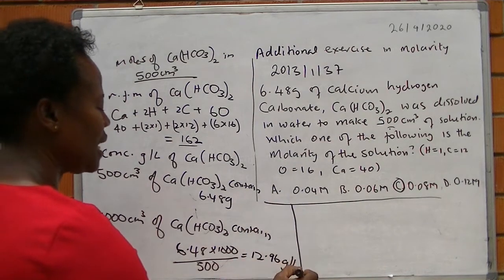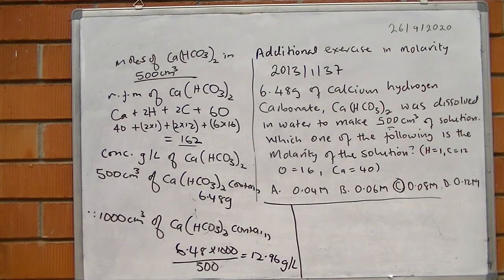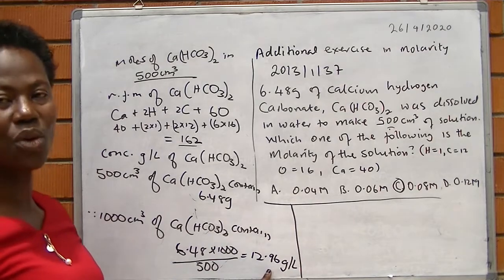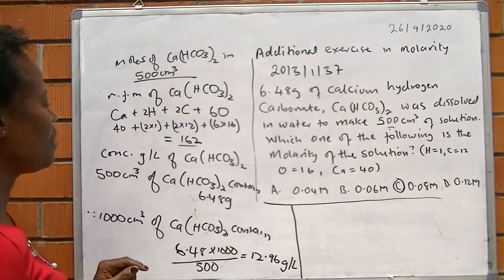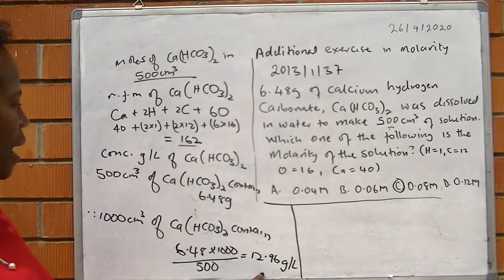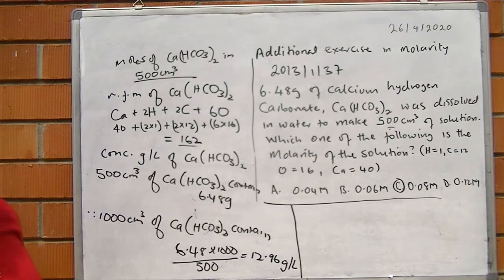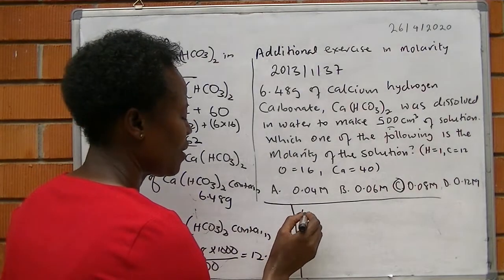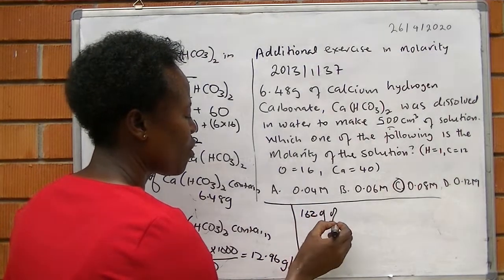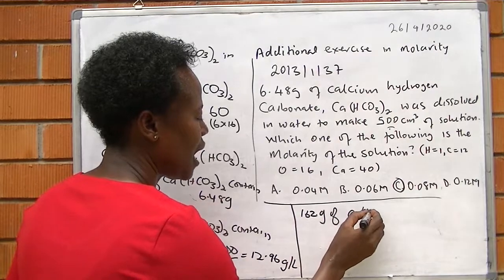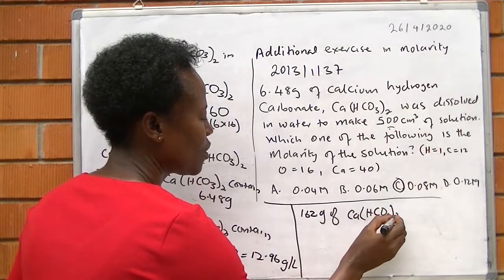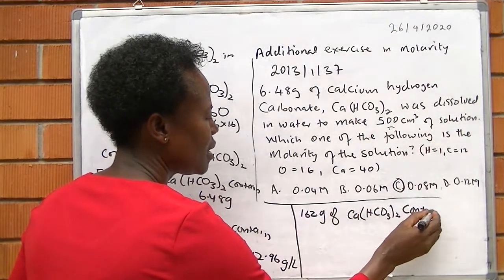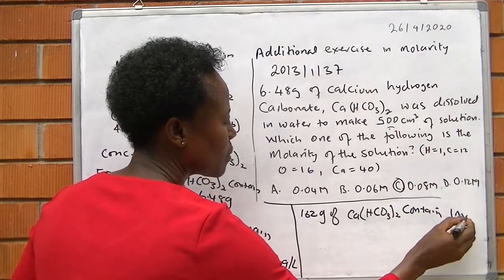So having obtained the grams in a liter, we can as well go and get the moles that are contained in these liters. Remember, the moment you have grams, you go direct to the RFM. And we said a mole of any substance is numerically equal to the relative formula mass of that substance. Therefore, 162 grams of calcium hydrogen carbonate contain 1 mole.